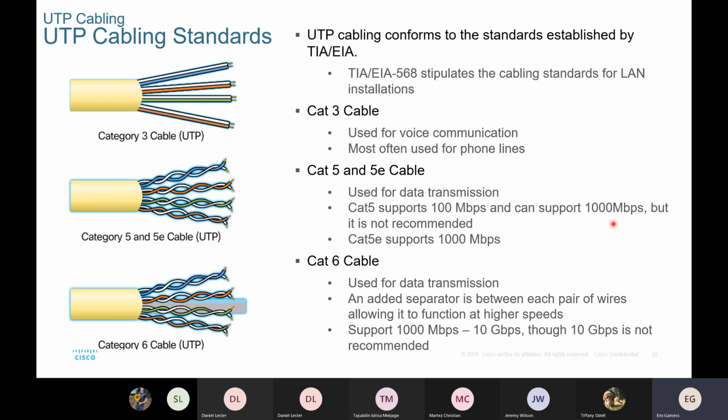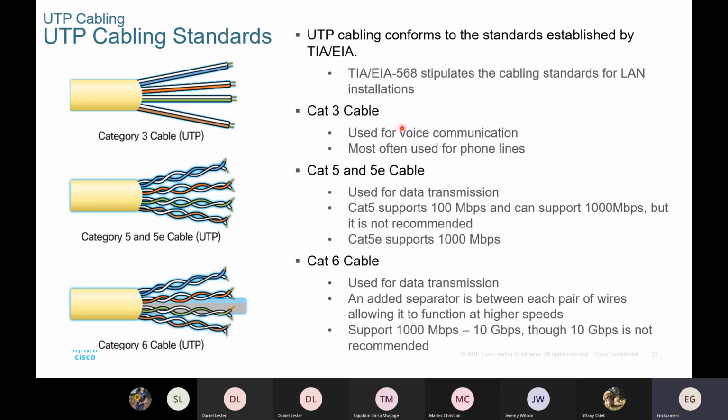It can support 1000 Mbps. Now, if you really want 1000 Mbps, they will recommend you not to use category 5, but category 5E, which is much better. So 5E is made for 1000 Mbps. Category 6 will support 1000 Mbps, and 10 Gbps, which is 10,000 Mbps. It can support 10,000 Mbps, but it is not that recommended, though it can support it.